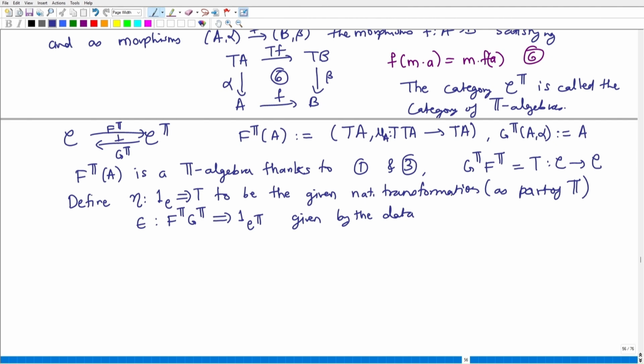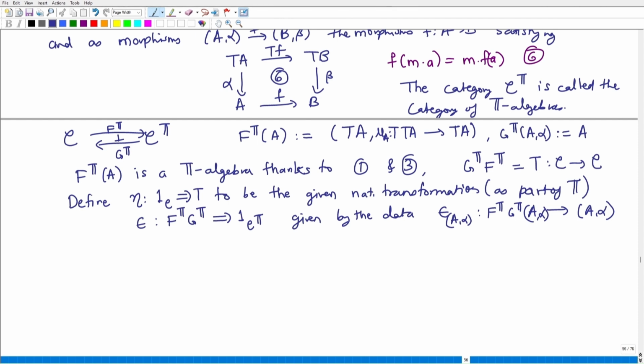So any natural transformation is given by the data, that epsilon sub A comma alpha, this is happening from FTGT of A alpha to A alpha. We have to define it.